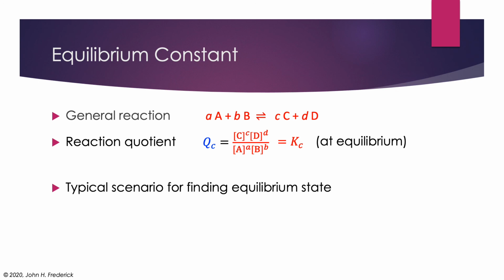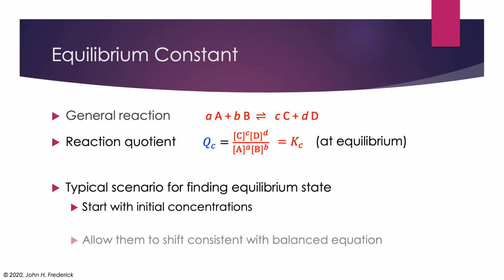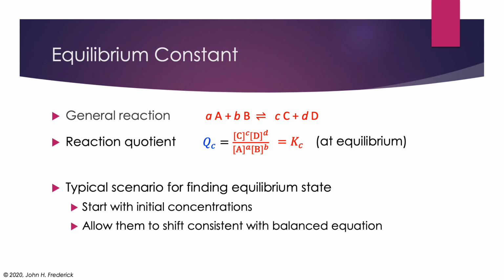I want to paint for you the typical scenario that you're going to be following for finding the equilibrium state. First, we're going to be most likely starting with some kind of initial conditions, initial concentrations. And we're going to allow those concentrations to shift, but they have to shift consistent with the balanced equation. In other words, we always need to have a balanced equation in order to fully specify the equilibrium state.